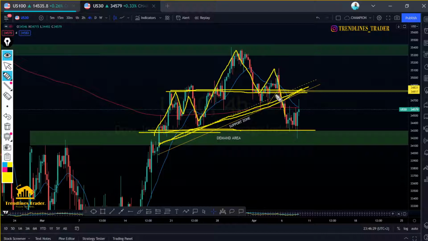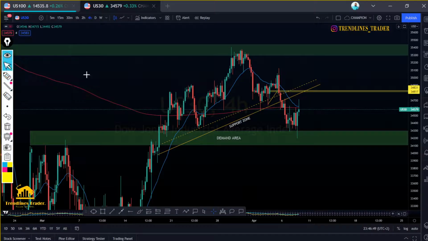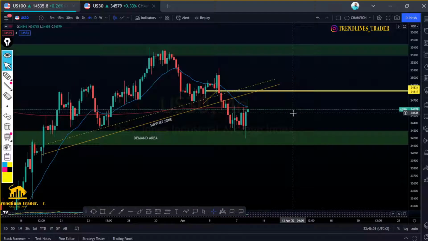So now the price, after it broke out of this diagonal support zone, gave us a push towards the downside, and now it has been struggling with recovery, pushing towards the upside, or you can see it as a retest.